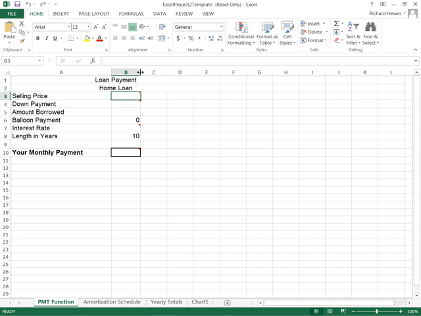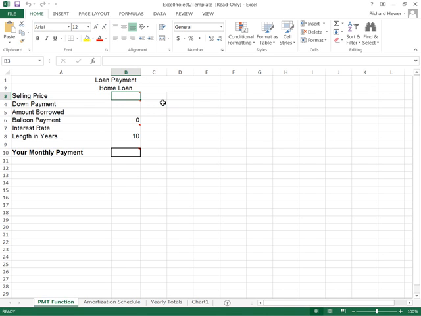Now in the amortization tab, it says that here in selling price, we put the selling price of the home. That should be between $50,000 and $120,000, and you should put whatever amount you want in there. I want everybody's to be different, but I recommend you use an even number.